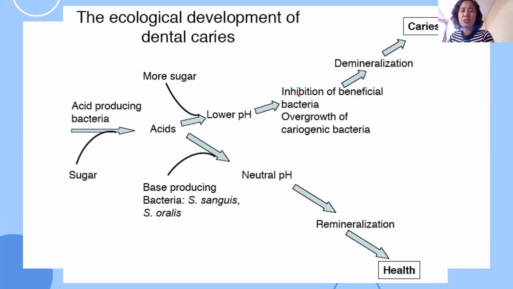Inhibition of beneficial bacteria and overgrowth of cariogenic bacteria promotes the formation of dental caries. It will demineralize your teeth and produce dental caries. However, meron tayong mga base-producing bacteria, si Streptococcus sanguis and oralis. So it will restore a neutral pH, remineralization, and health.